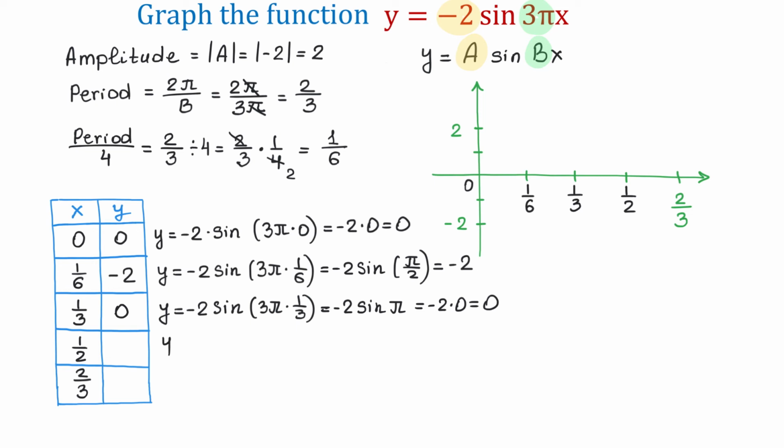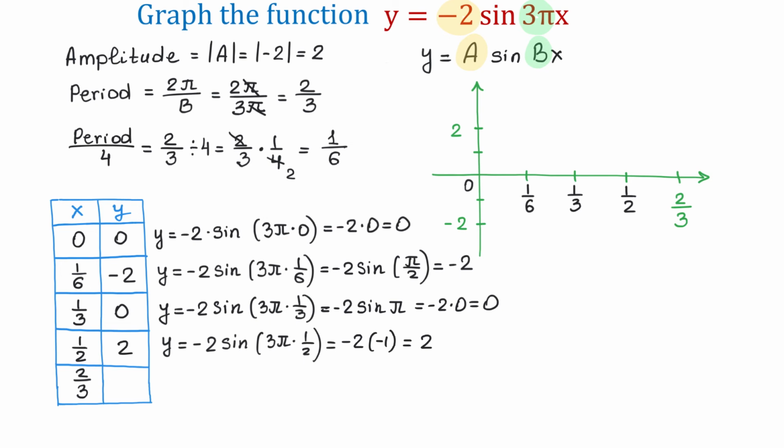In row 4, y equals -2 sine of 3 pi multiplied by 1/2. Here sine of 3 pi over 2 is -1, and -2 times -1 is +2.